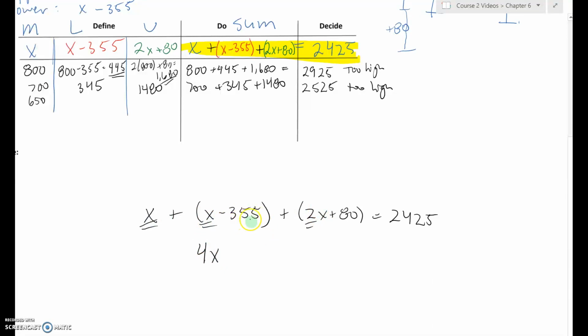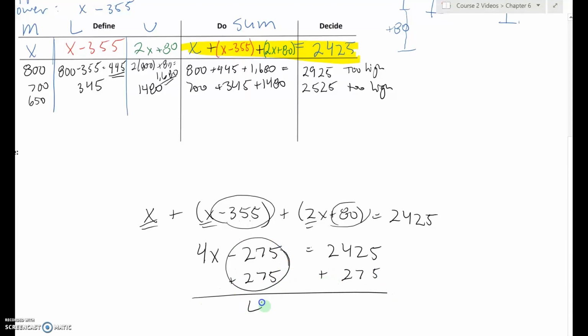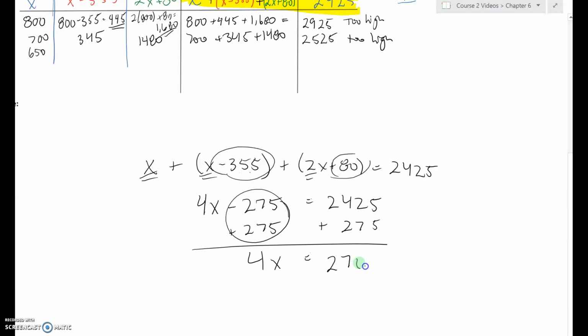Then negative 355 plus 80. When I combine and remove zero pairs, removing 80 positives with 80 of these negatives, I have minus 275. So 4x minus 275 equals 2,425. I'll add positive 275 to both sides to keep it balanced. Now I've got 4x equals 2,700.